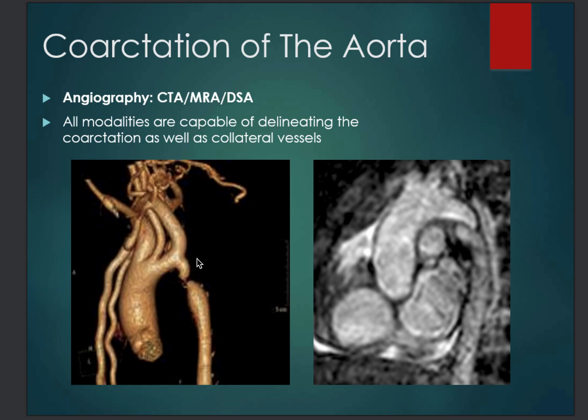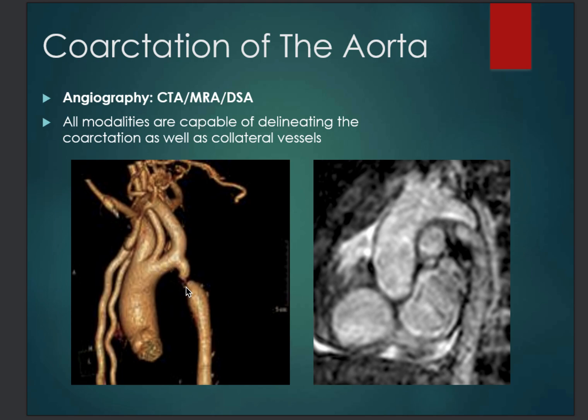The size of the diameter of the aorta before the coarctation and after the coarctation will also decide the size of the stent, because good sizing will prevent post-interventional complications, one of which is migration of the stent due to mal-sizing before the intervention.